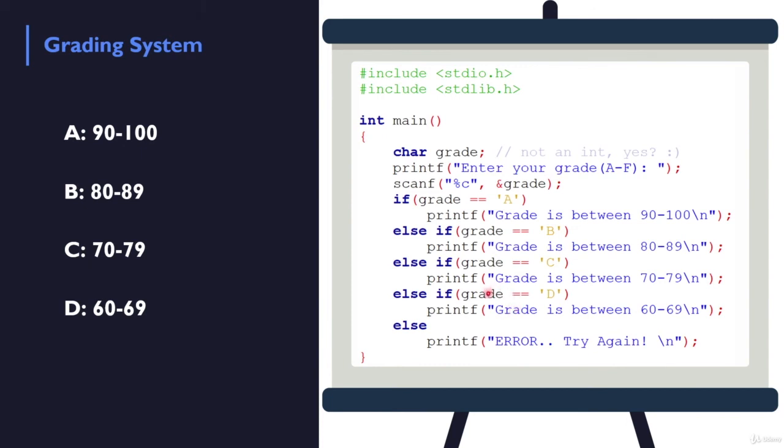Maybe you should add it here, or maybe it doesn't matter, right? But you have to think about where you should add the condition to check if the grade equals an F. So although this code works, as we just mentioned, if you try to run it on your own, you will see that it works.